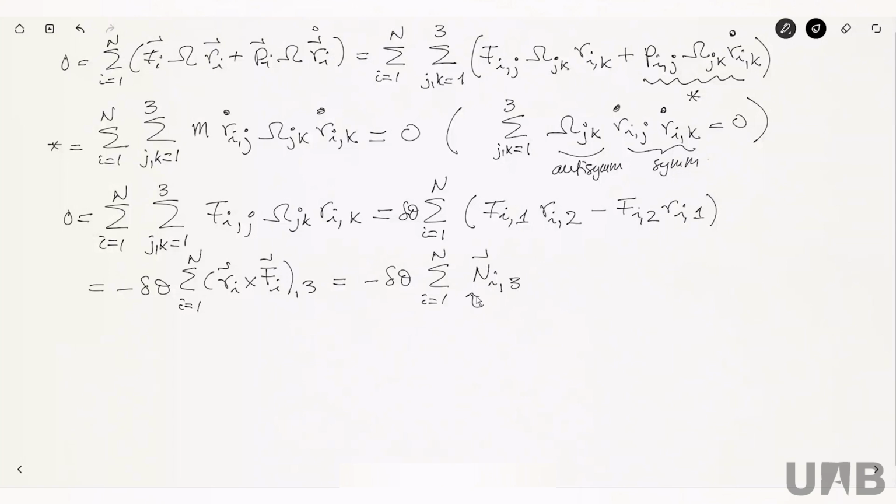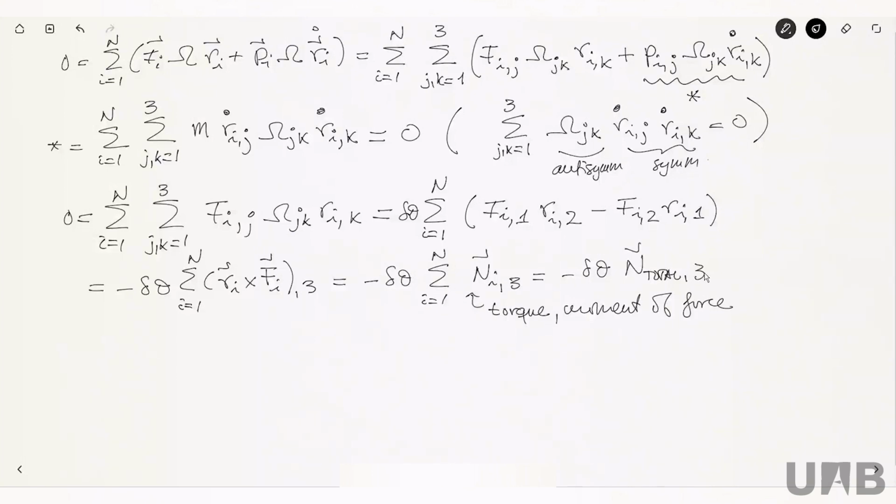So this is also called the torque, or the moment of the force in the third direction. And we're summing all of them. So that means this is the same as minus delta theta, the total moment of the force in the third direction. And the reason why it is only the third direction is because this was a rotation along the z-axis, the third direction.